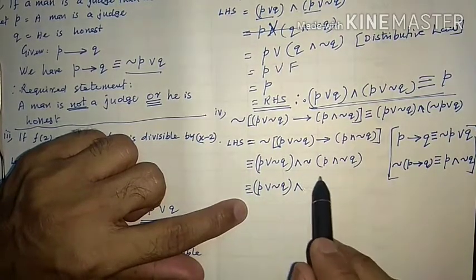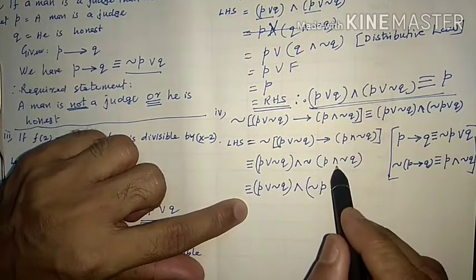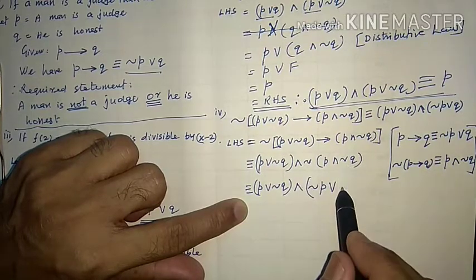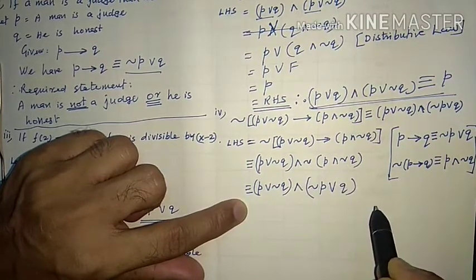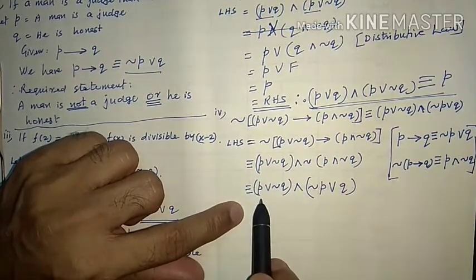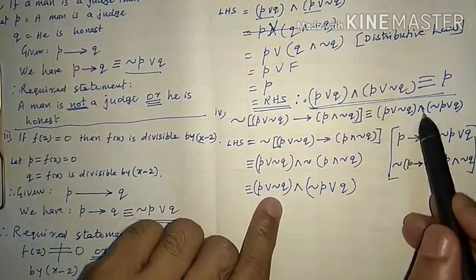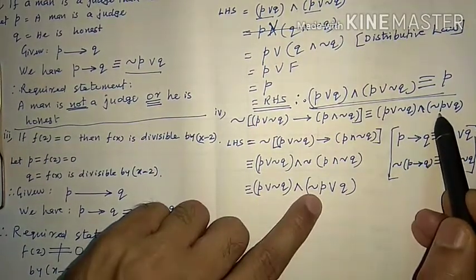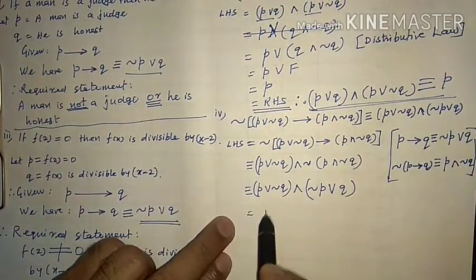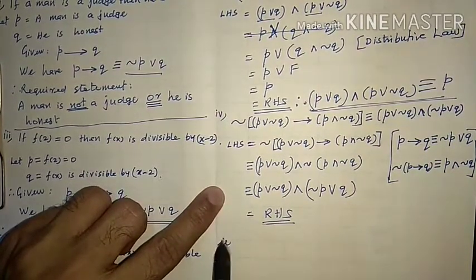Now De Morgan's law we use. Negation P, this conjunction becomes disjunction, negation of negation Q, which is Q. This much only. P disjunction negation Q conjunction negation P disjunction Q. See, this is RHS. We reached here. So this is the right hand side. That is what we proved.